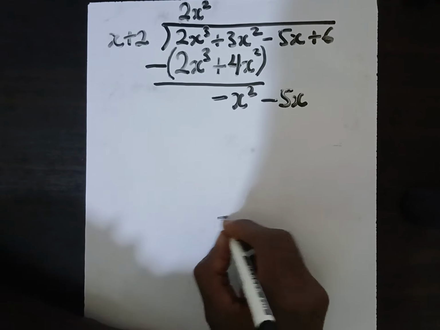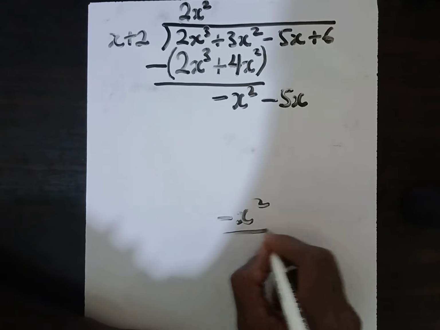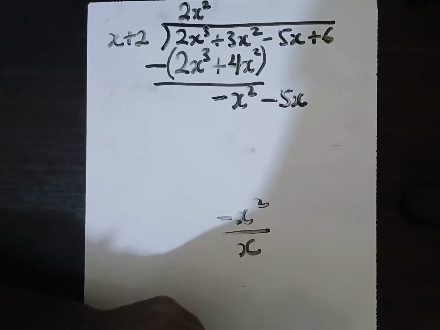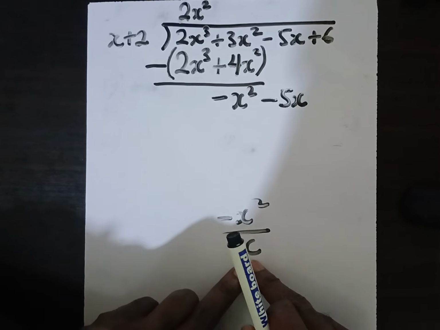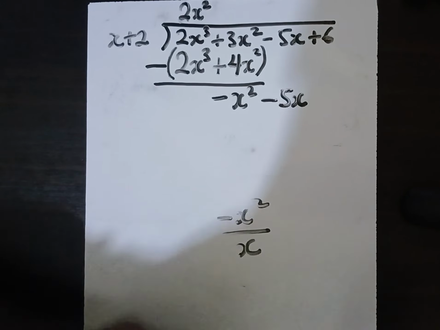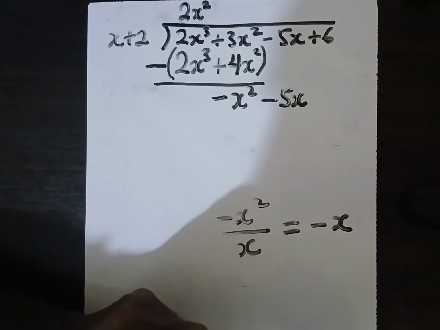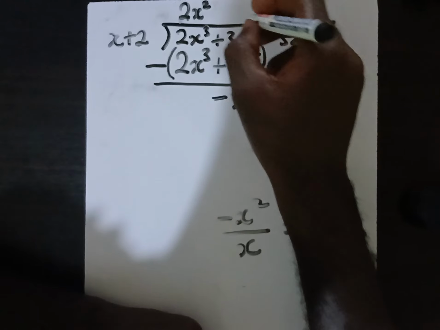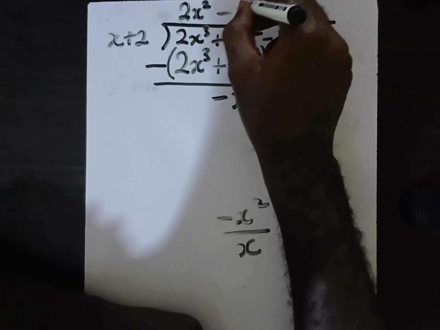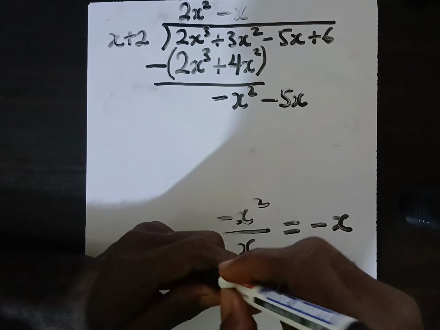So it's negative x squared over x. The same thing that we did. x will cancel one of the x's here, so this is going to give us negative x. And that is what you write on top of the positive 3. So negative x.